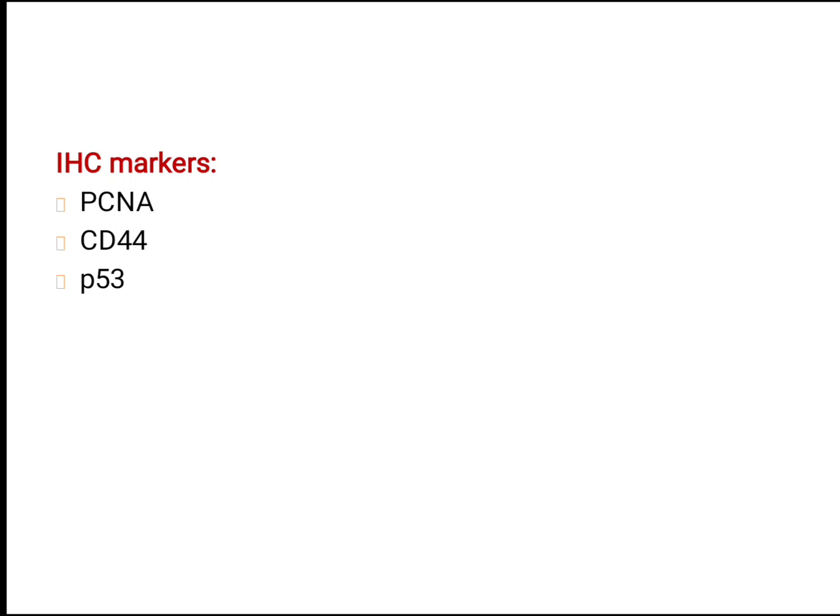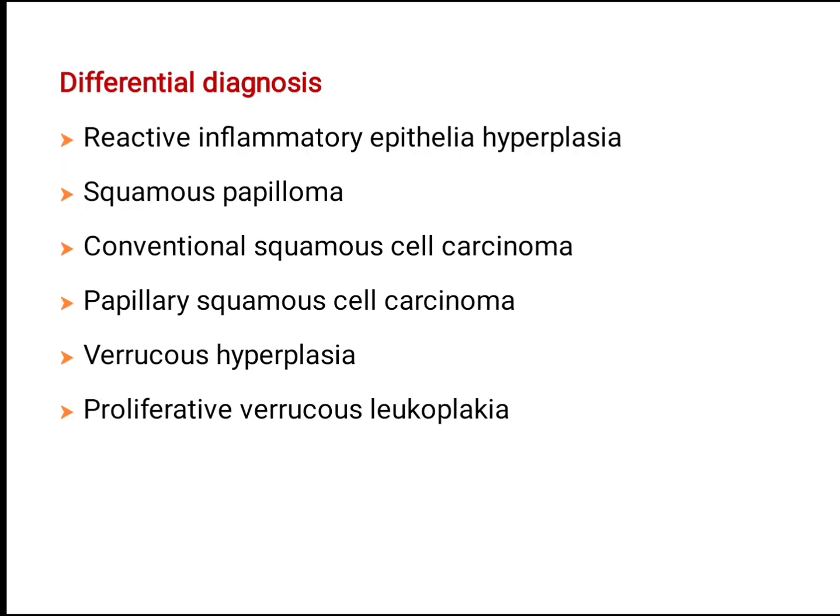So what are the IHC markers? The IHC markers are PCNA, CD44 and P53. So now coming to the differential diagnosis. First, reactive inflammatory epithelial hyperplasia, squamous papilloma, conventional squamous cell carcinoma, papillary squamous cell carcinoma, verrucous hyperplasia and proliferative verrucous leukoplakia.